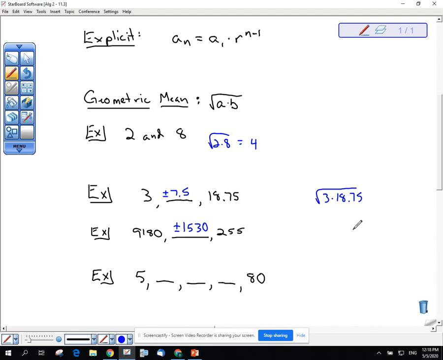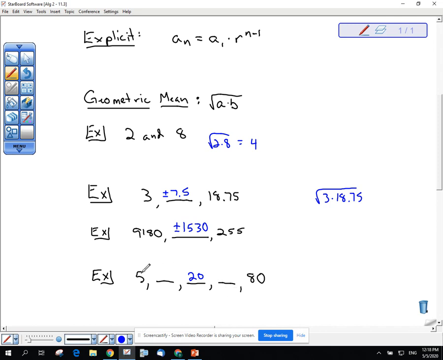Okay? And then second to last here is, what if we give you 3 blanks? If we give you 3 blanks, you want to find the middle one just as we did before. And the square root of 5 times 80 would be 20. 5 times 80 is 400, and the square root of 400 would be 20.